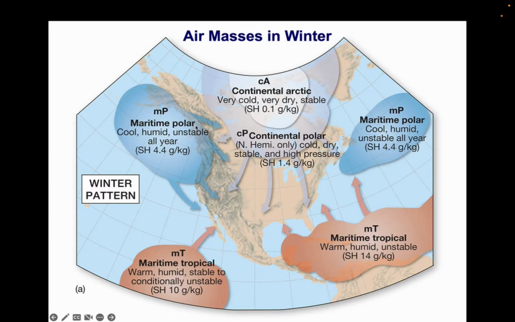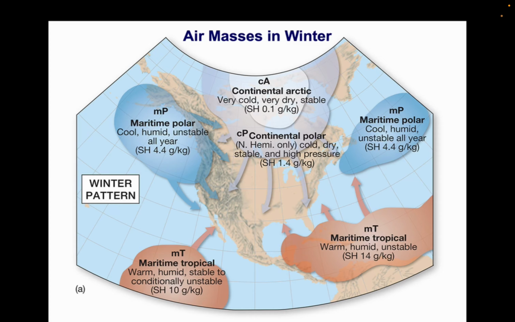So what does it mean? If it is closer to the poles, then the maritime polar air mass is humid, contains a lot of moisture because it's coming from the ocean. It's cool, right? Because it's relatively positioned closer to the poles compared to maritime tropical. But as I will explain in the next slide, it's also unstable, right?